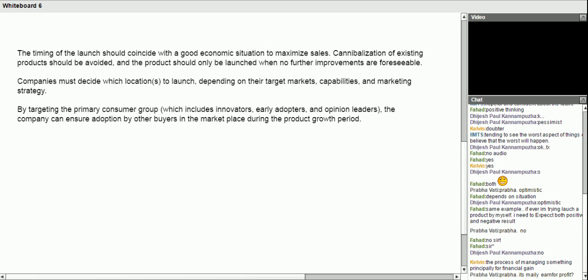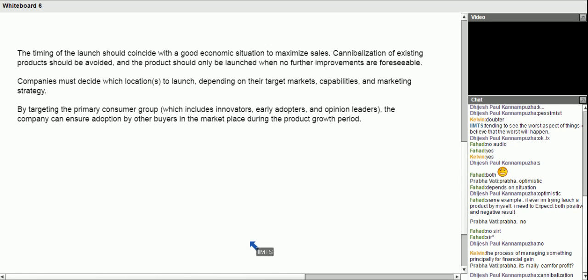Cannibalization of existing products should be avoided, and the product should only be launched when no further improvements are foreseeable. One second. I was just checking the meaning of cannibalization.